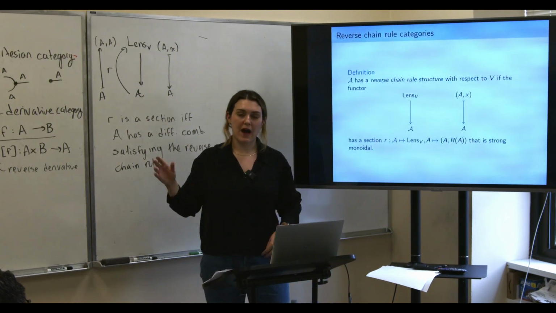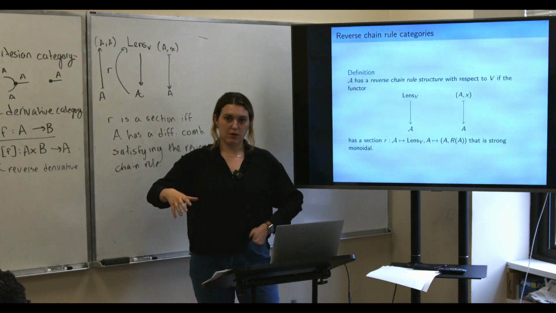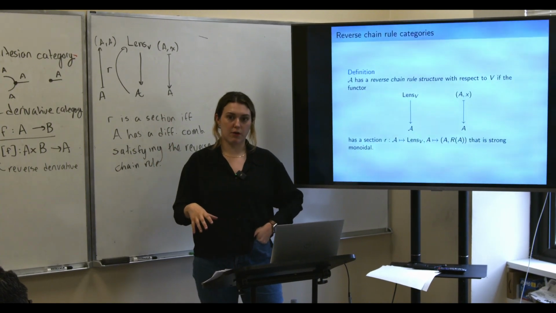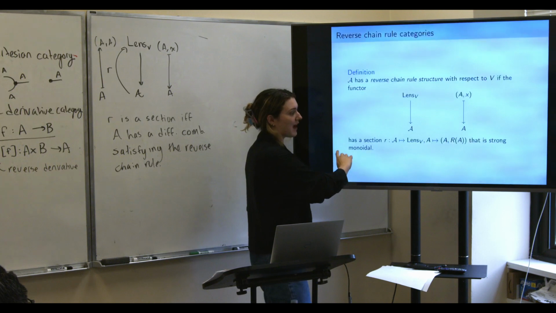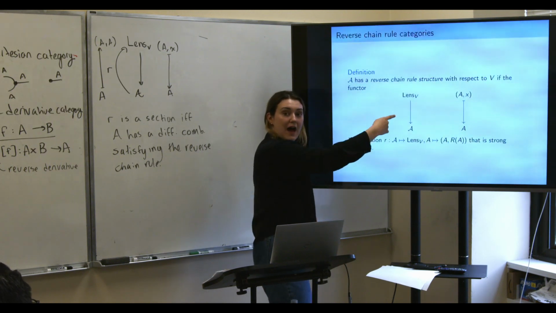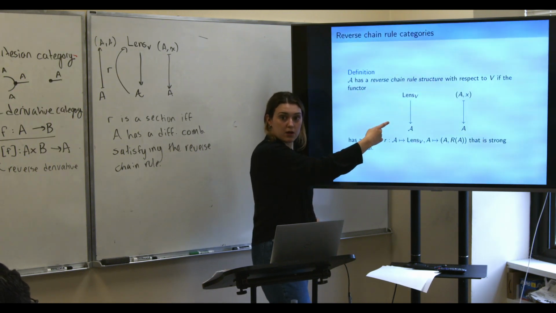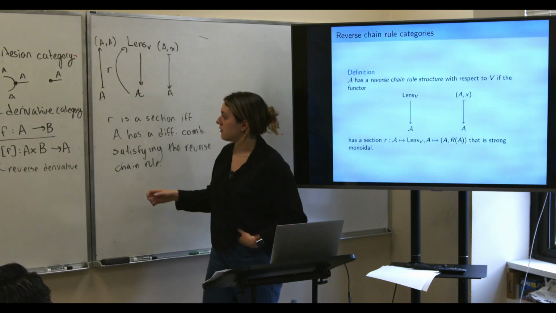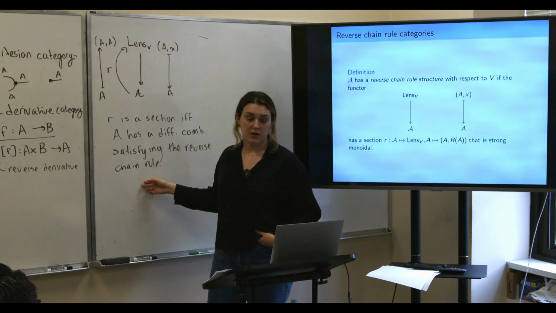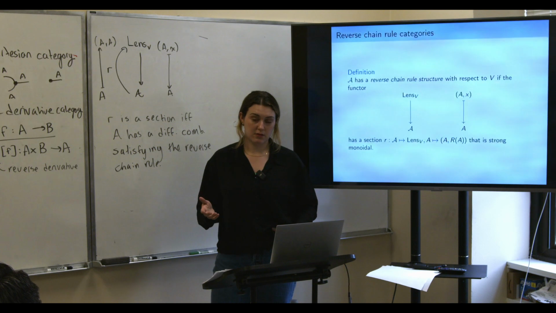So we kind of inherit the name reverse chain rule for this slightly more general structure where we're saying, okay, if it has a section that is strong monoidal, then it has a reverse chain rule structure. And in the case where it is actually Cartesian, we can say that it is given by the diagonal. Okay, thank you for asking.